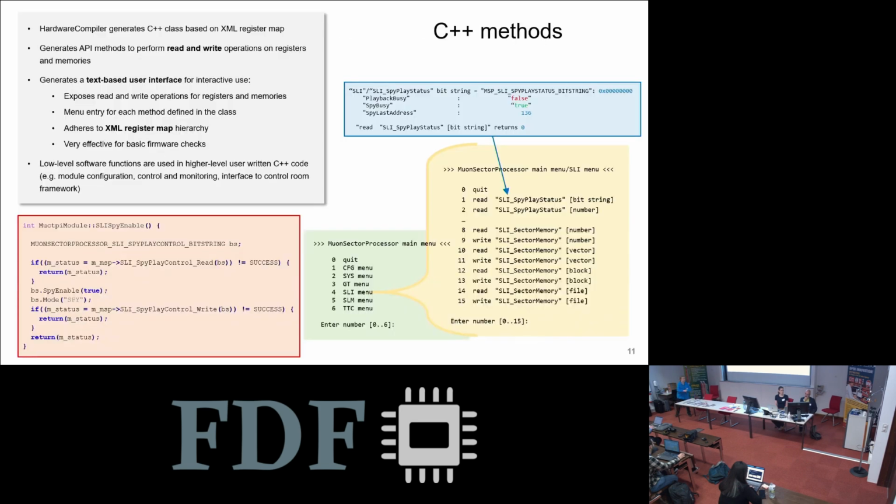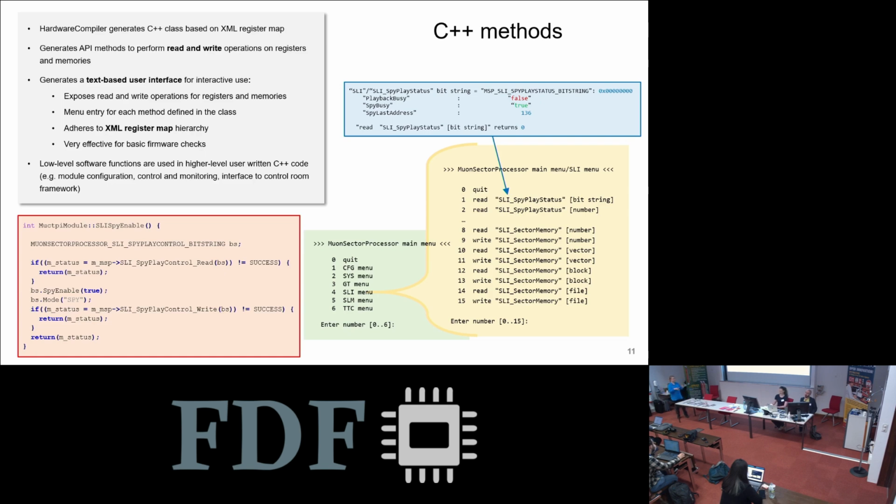So let's leave VHDL and move into software. HardwareCompiler also generates a C++ class that has methods to perform read and write operations for all registers and memories from our XML. Additionally, it generates a text-based user interface program, an example of which you can see in the green box.